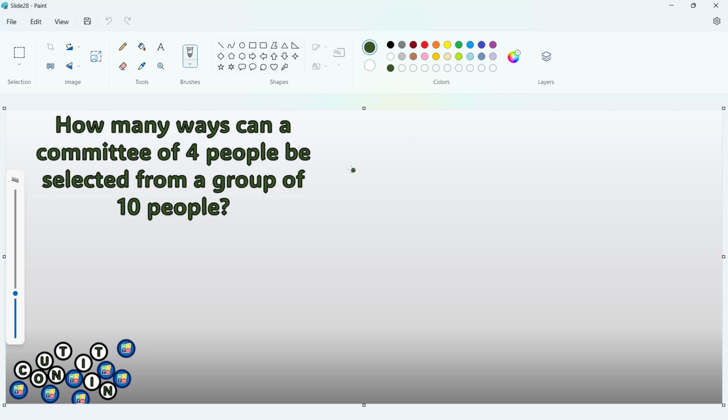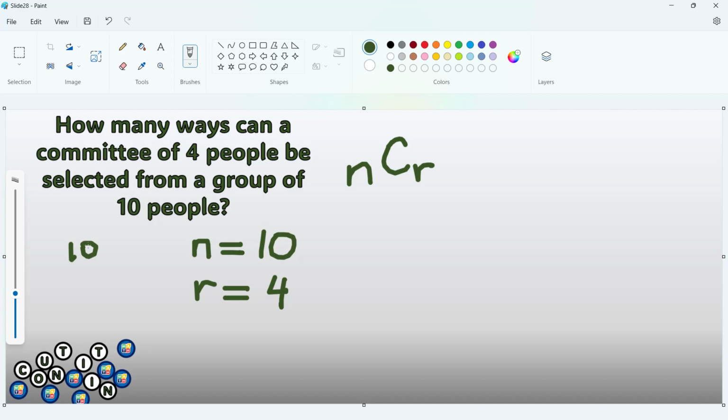So we'll be using here the combination formula, nCr. Our n here corresponds to the number of people. We have here 10, and we'll be taking 4 at a certain time. That would mean our notation here would be equal to 10C4. You can just simply apply this in your calculator to know the final answer.